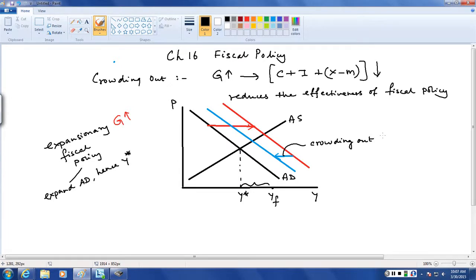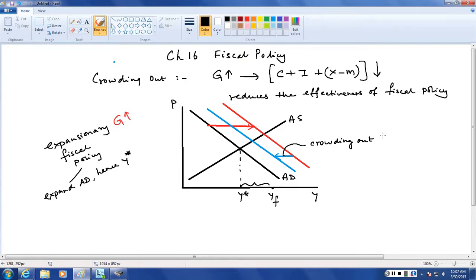So clearly, the effectiveness of fiscal policy has been reduced. You see, the government aimed to shift the AD curve from the black one to the red one. That was the ambition of the government, right? But it didn't work out like that. In the end, all the government could do was shift it from the black one to the blue one, not the red one. See? So crowding out reduces the effectiveness of fiscal policy.